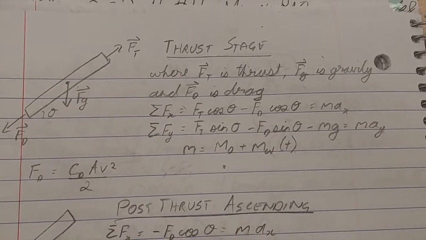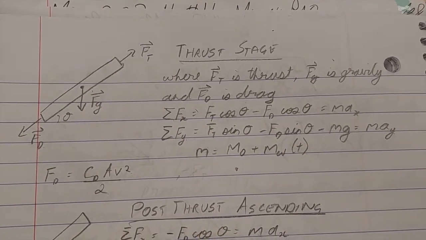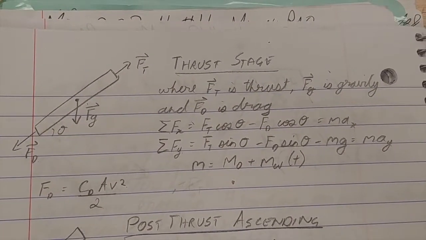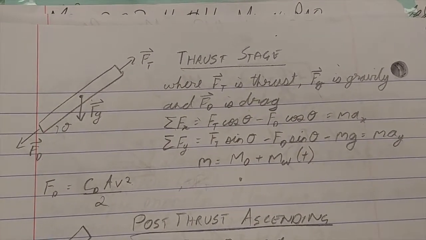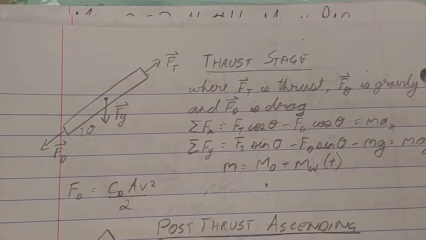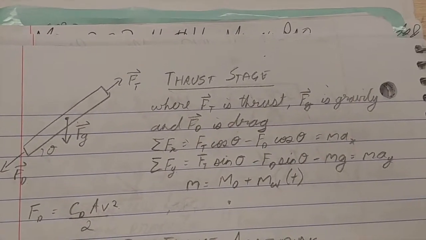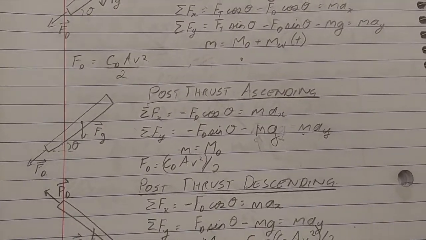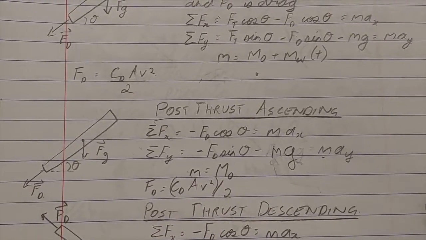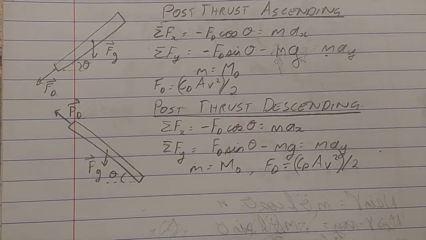In the thrust phase, given the thrust profile and an equation for how the mass of the bottle varies with time, it is possible to find equations for the acceleration in the x and y directions of the bottle by analyzing the free body diagram as shown. Similarly, we could analyze the accelerations in the post-thrust ascending phase as well as the post-thrust descending phase.